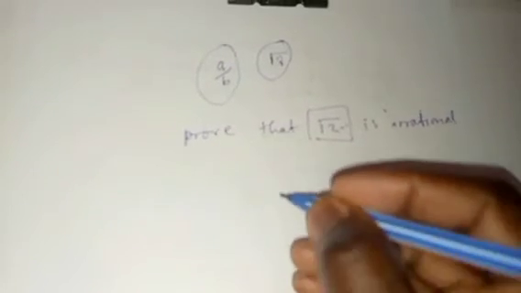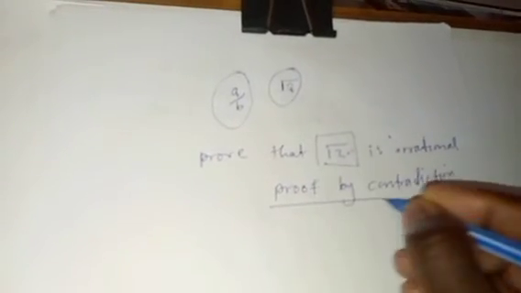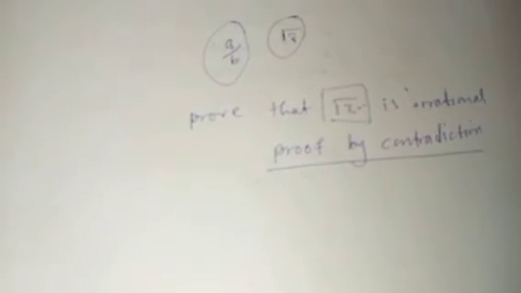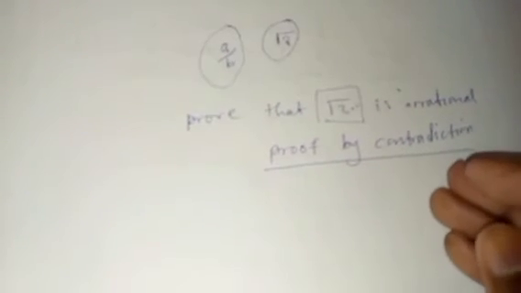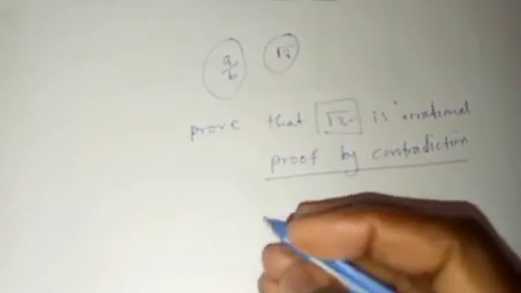What is that method? First of all, you have to write, say, proof by contradiction. This statement is very, very important. It earns some marks, based on your lecturers, but automatically you have to write this statement because it helps you earn some marks. So what are you supposed to do next?